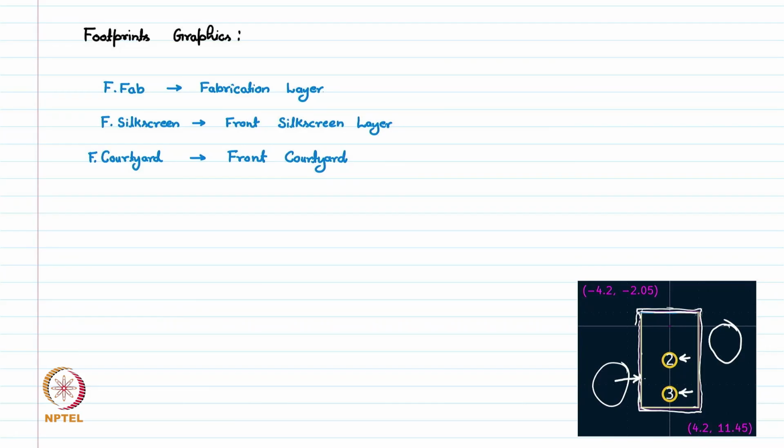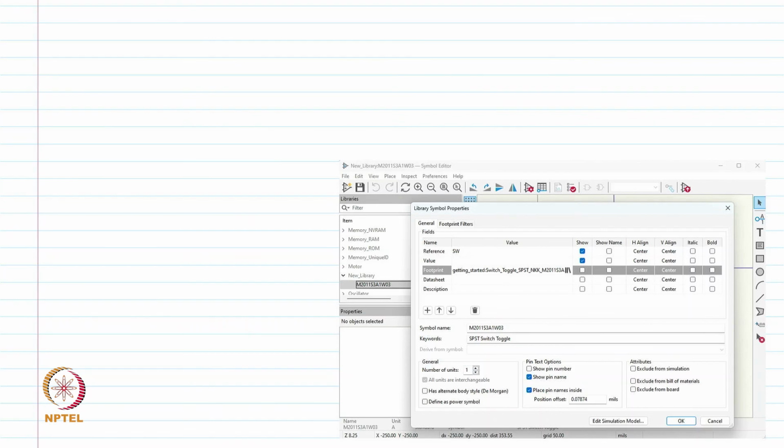So we can define many layers across this as required, and then the final footprint should look something like this. Once we make this footprint, now we need to attach it to the symbol which we have already made.